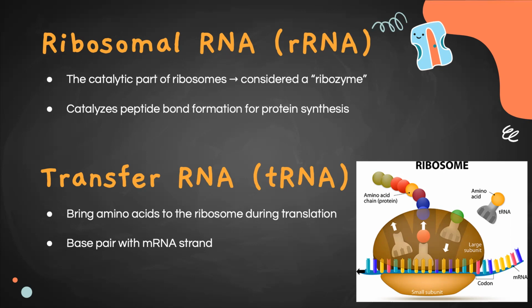These have opposite base pairing for each specific amino acid, and that's how it gets added. Then it releases the amino acid once it's in the ribosome, and it is attached to the polypeptide chain.